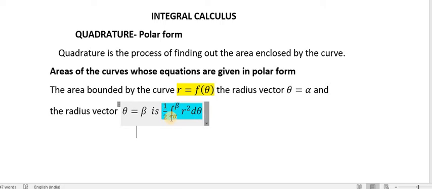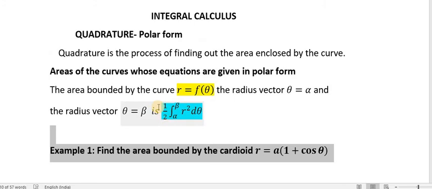See here, the limits alpha to beta mean the radius vector is varying from theta is equal to alpha to theta is equal to beta. The area of the curve whose equation is given in polar form is half into integral alpha to beta r square d theta. By using this formula, let us work out few examples.